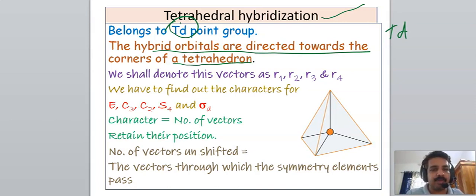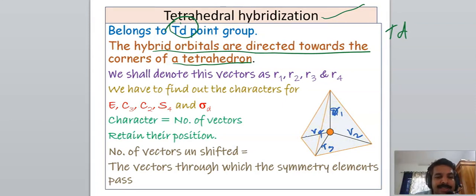We designate these orbitals by the vectors R1, R2, R3 and R4, the orbitals pointing towards the corners of a tetrahedron. We are taking these hybrid orbitals as vectors, denoted R1, R2, R3 and R4, and using these basis vectors we want to find the total character.